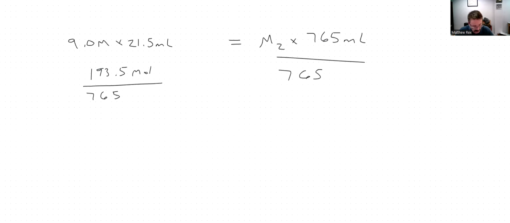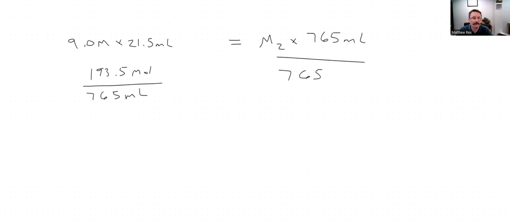I guess we want it in molarity, or no, we should be able to leave it like that, since both units are in milliliters, and they'll cancel. So there we go.